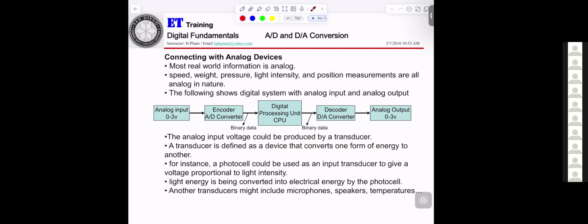For instance, a photocell could be used as an input transducer to give a voltage proportional to light intensity. Light energy is converted into electrical energy by the photocell. Other transducers include a microphone, speaker, or temperature sensor.